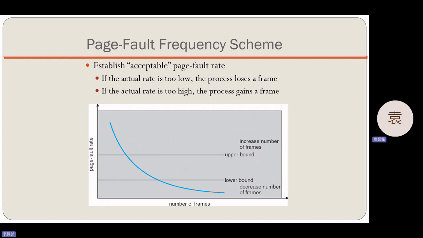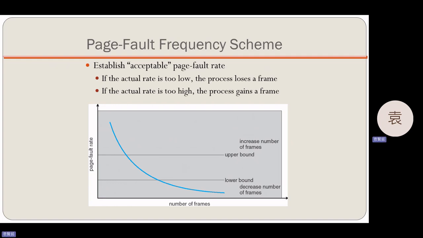Okay, if you do not manage the resident set properly, then you will generate a lot of page faults. So the purpose is to keep the page fault rate at an acceptable level.